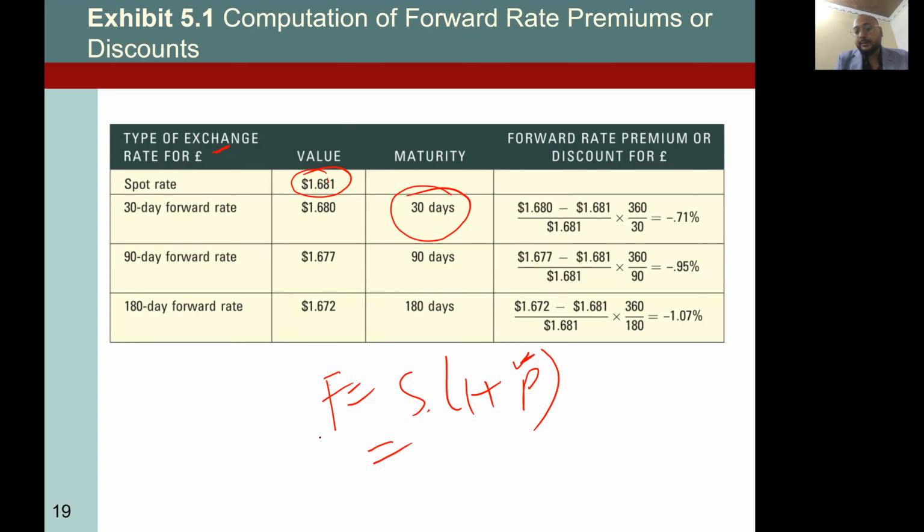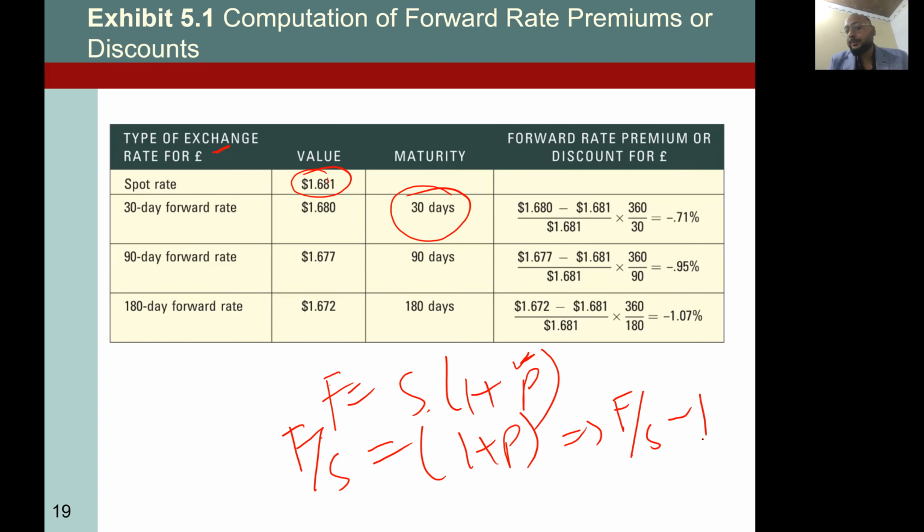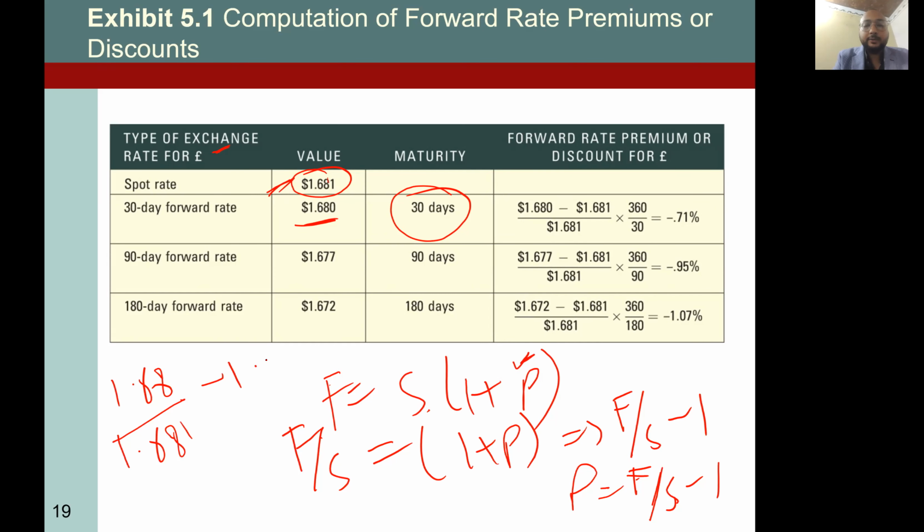You take this S here: F divided by S equals 1 plus P, so P is equal to F by S minus 1. All right? The premium is equal to F by S minus 1. Forward is 1.68. What is 1.68 divided by 1.681 minus 1?